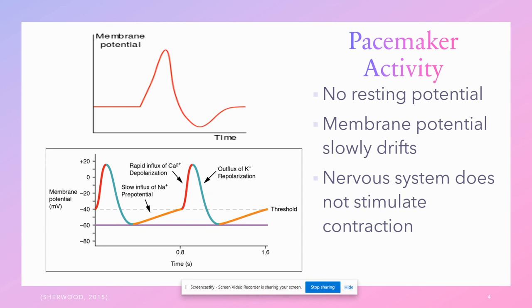This means that the membrane potential is going to slowly drift between our action potentials until threshold is reached, and then the action potential is fired, and then this repeated cycle of drift and fire causes our cells to cyclically initiate an action potential. The action potential will spread out to the heart to trigger a rhythmic contraction. And this is different from our other cells because the nervous system does not need to stimulate the contraction.